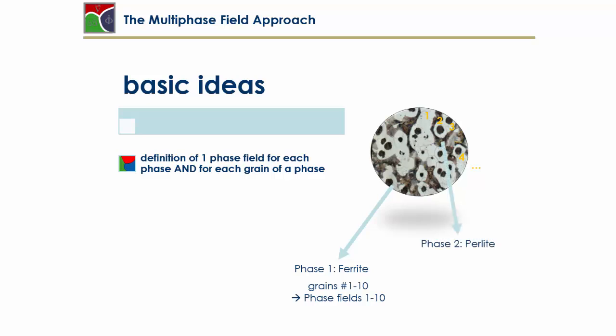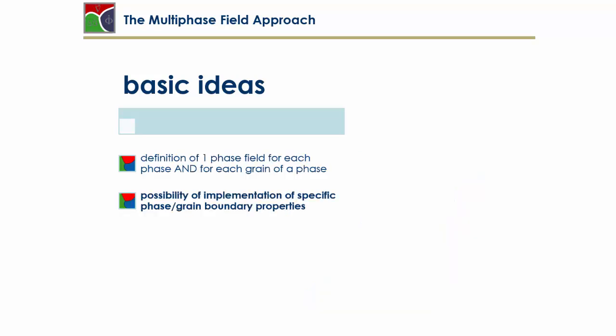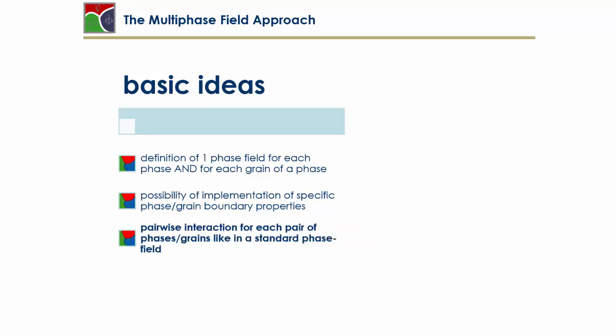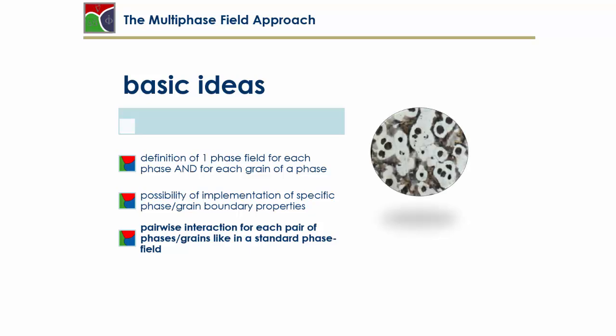And the austenite grains then would be, for example, phase field number 11 to 20, and so on. The model can account for specific grain boundary and phase boundary properties, like, for example, interfacial energies or interfacial mobilities. And we have the pairwise interaction between each pair of phases and grains, like in the standard phase field.